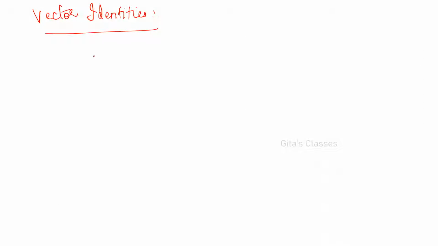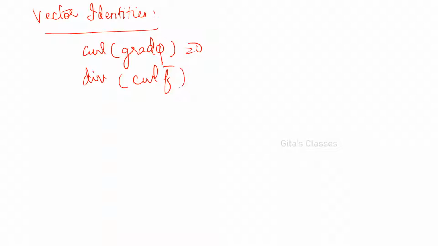Actually using these, sometimes some problems will be asked, so you have to remember these things. Curl of grad phi is equal to 0, which means grad phi is always irrotational, okay? And divergence of curl f is equal to 0. This we have proved just now.